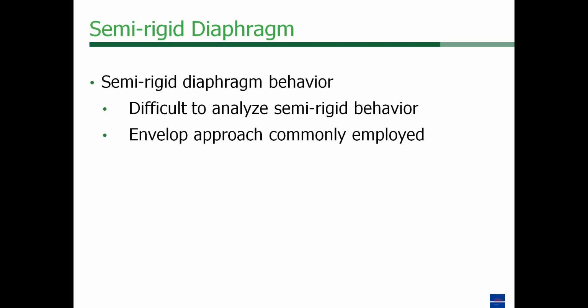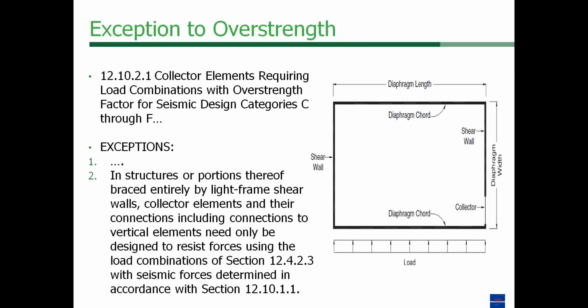So a rule of thumb that we've heard is that it's about a 20% more base shear requirement if you go through that enveloped procedure, but that does make it a pretty straightforward, easily defined approach.